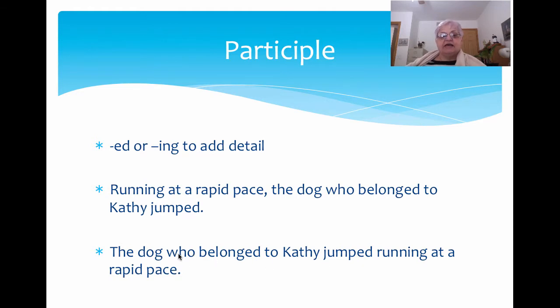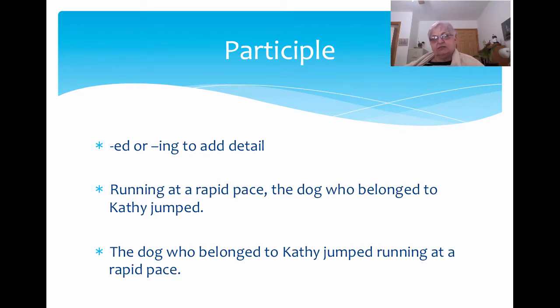Now, I've said this differently here. The dog who belonged to Kathy jumped running at a rapid pace. It's unclear who is running. Is Kathy running? Is the dog running? Notice I put it at the end of the sentence and I have it punctuated correctly because I'm not interfering with the predicate and the subject.